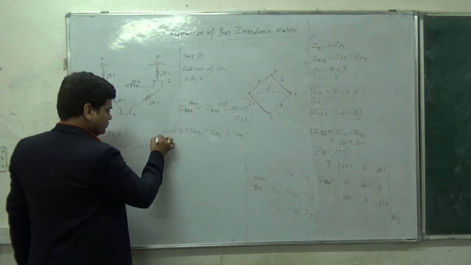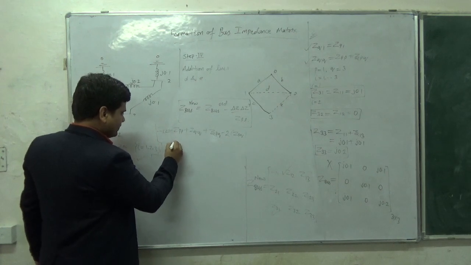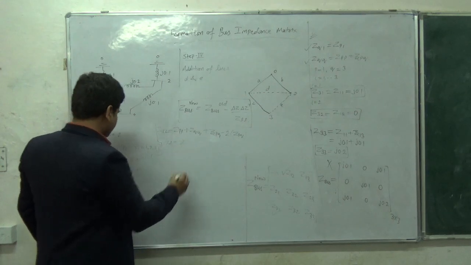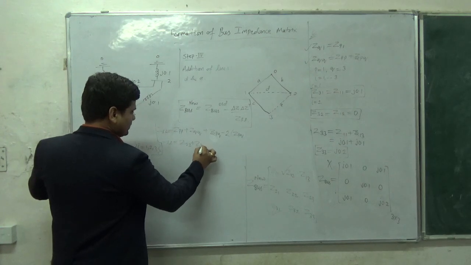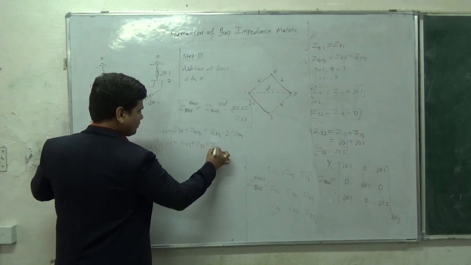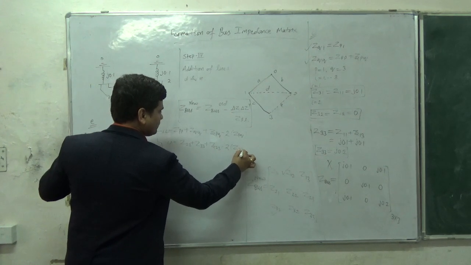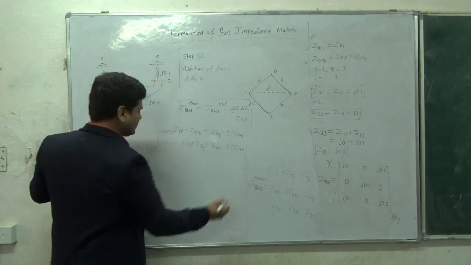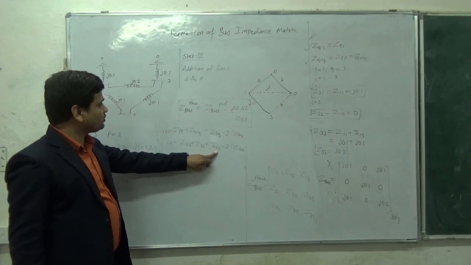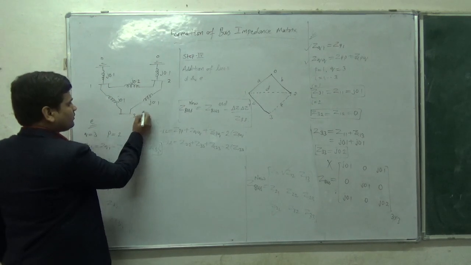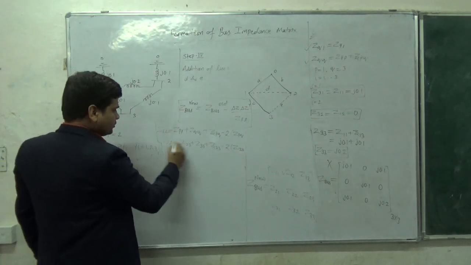So this ZLL is equal to ZPP means Z22 plus Z33 plus small z23 minus twice of capital Z23. So just pick the values from this matrix: Z22, Z33. Small z23 is what? J0.1. Then twice of capital Z23, you can pick the value from here. So you will get ZLL.